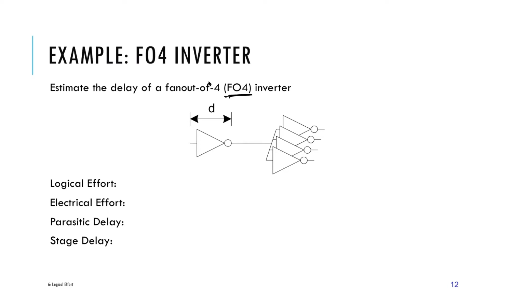Typically one gate is driving 4 other gates, or it's not unexpected that would happen. So they use this fan out of 4 as a popular delay. Why don't you guys give it a shot at this one too. I'll give you a minute to try it out before we work it out together.